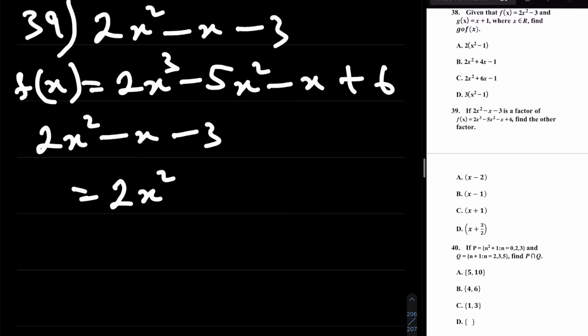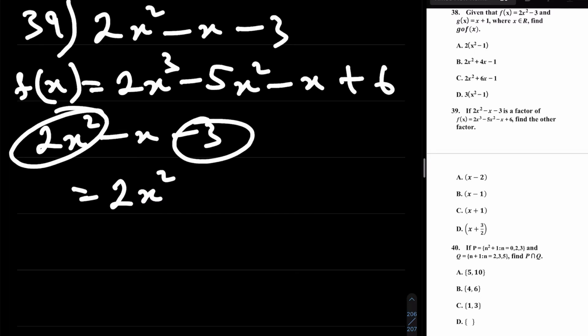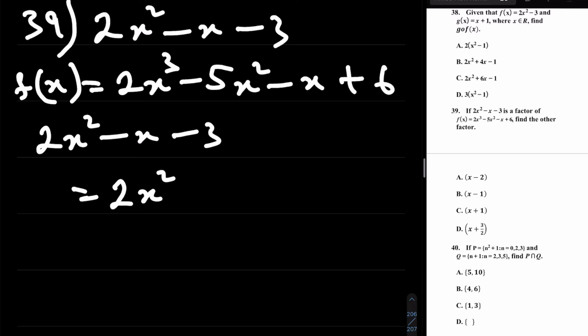What do I multiply to get minus 6x squared and add to get minus x? So that will be plus 2x minus 3x. That will give me minus x when I add, and minus 6x squared when I multiply.